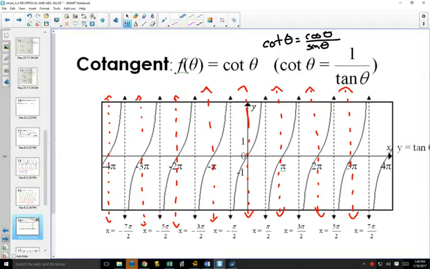So wherever sine is equal to 0, that's a non-permissible value. And that's why we get all of these asymptotes at -4 pi, -3 pi, -2 pi, -pi, and so on.